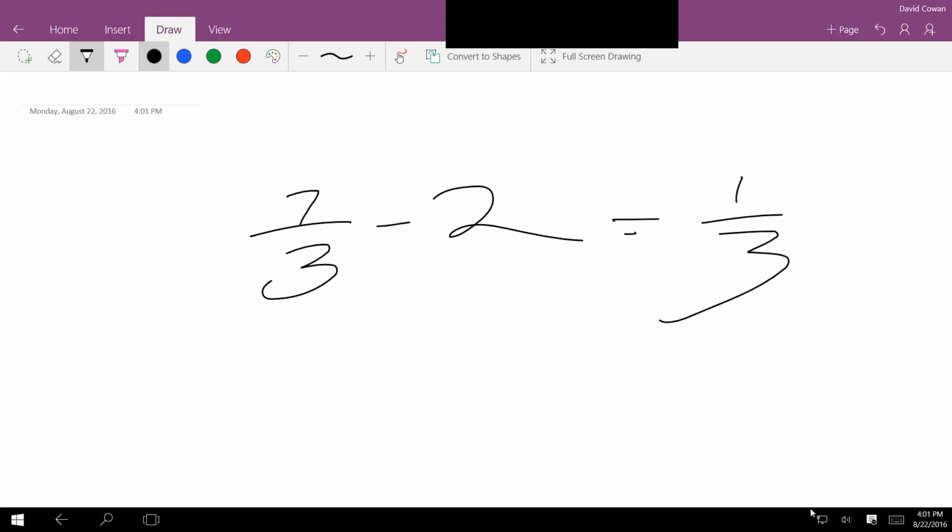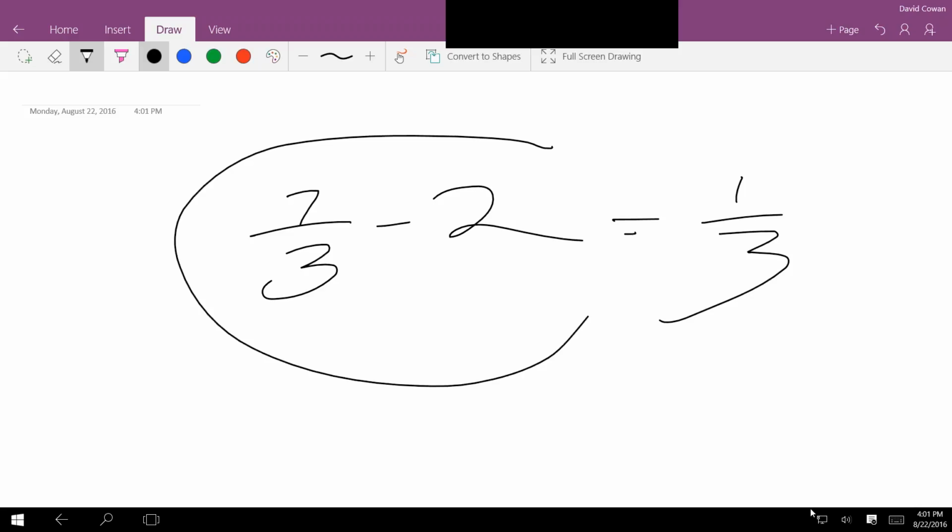That's big. You'd be amazed at how many people that trips up. They forget that just because there's a whole number there, you still have to find a common denominator. That's 2 over 1. Okay, so the common denominator is 3. But for some reason, when you throw that integer in there, people just completely forget what to do.